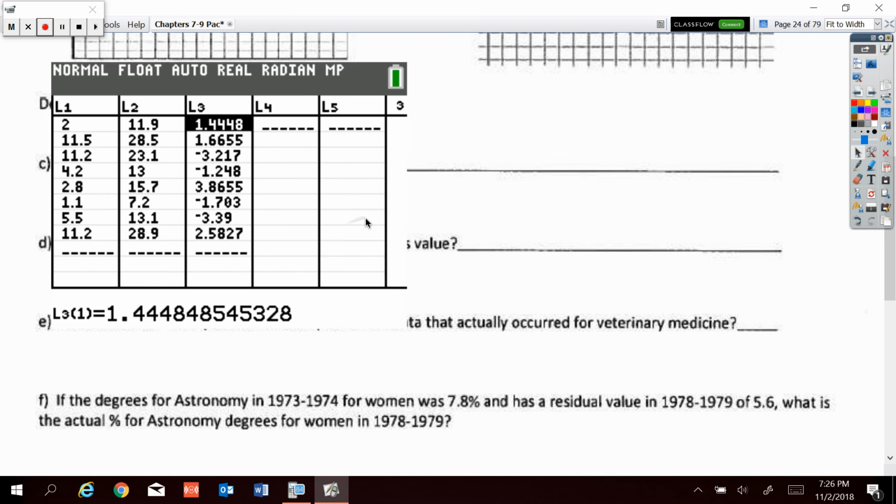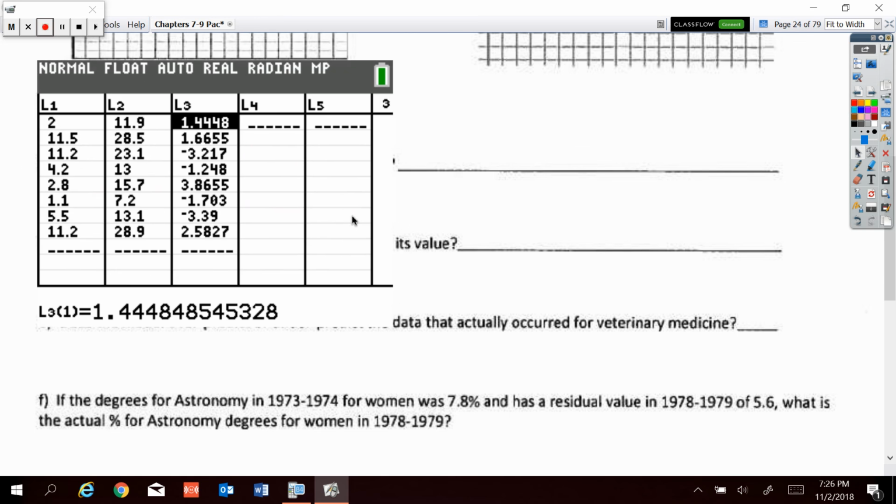Our list for L3 was those residuals. So here is the information for optometry. That x value of 4.2 with the actual y of 13 gives what residual? Negative 1.25.